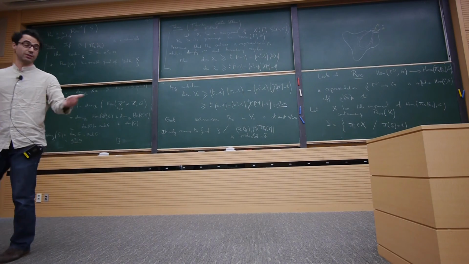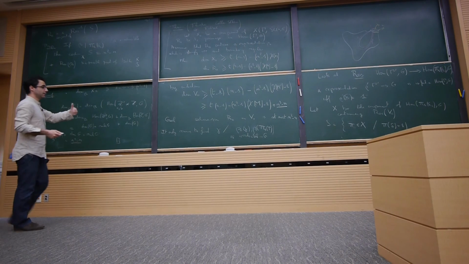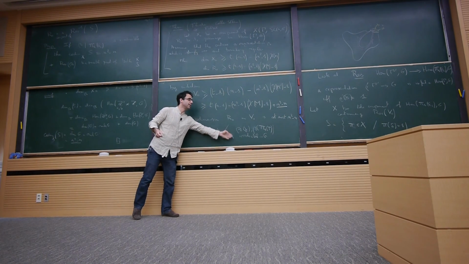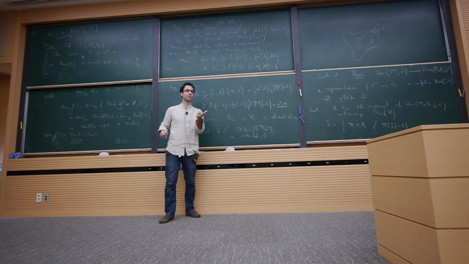Okay, and this was already the case in the Thurston and Culler-Shalen proof. You had to find gamma such that you make the representation of the torus irreducible.